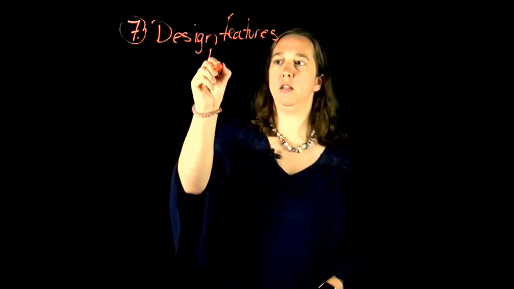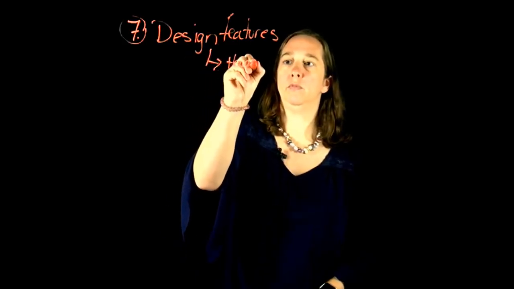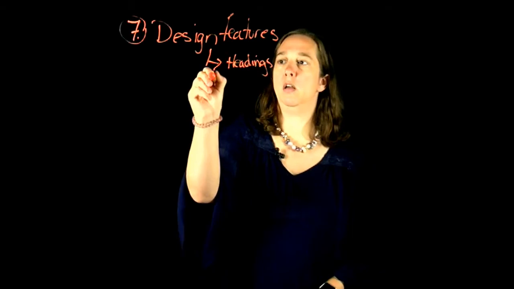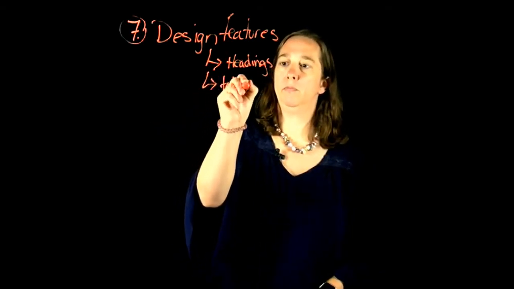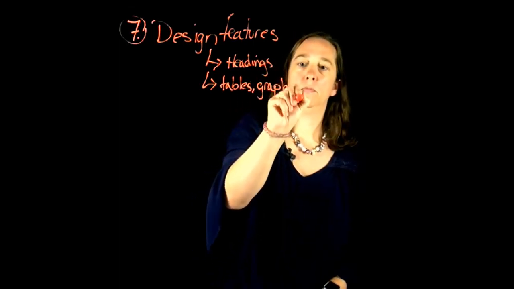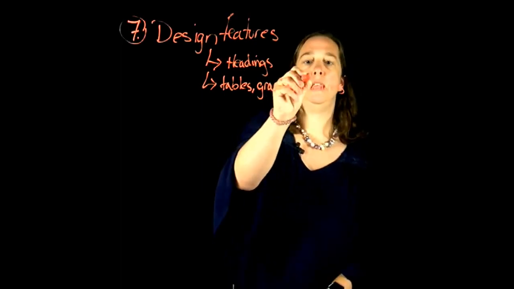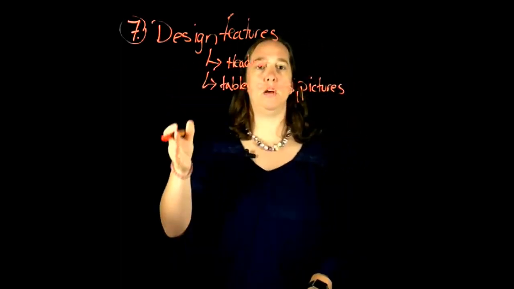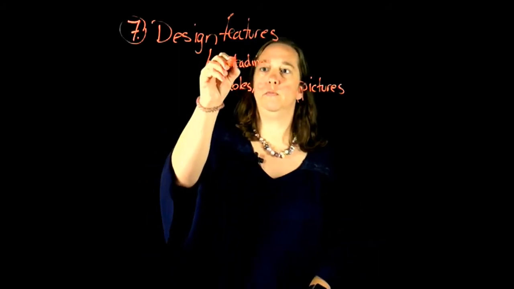Design features can be things, as we're reading, that we see like headings, graphs, pictures, tables. Any elements that help us understand the topic and the ideas that are being expressed.